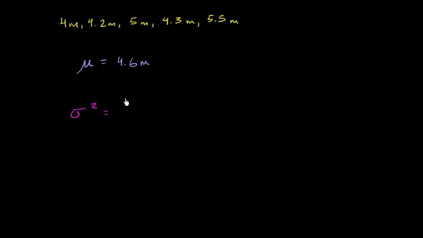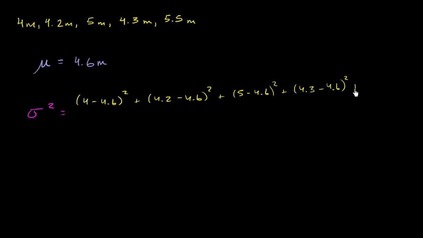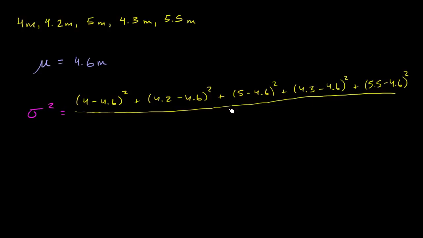So it's going to be 4 minus 4.6 squared plus 4.2 minus 4.6 squared plus 5 minus 4.6 squared plus 4.3 minus 4.6 squared, and then finally, running out of space, plus 5.5 minus 4.6 squared, and then we're going to divide all of that by 5 to get our population variance.